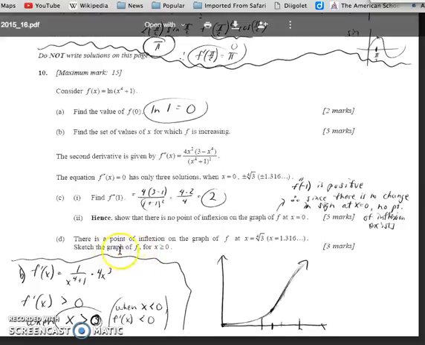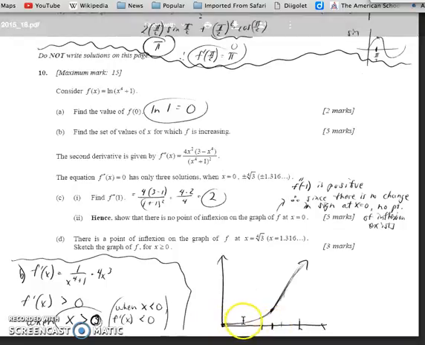It says, sketch the graph of f for x greater than 0. So here's my 1, here's my 2, here's my approximate 1.316. I'm going from concave up to concave down. I would assume this is a paper 1, because you're not really doing anything that crazy.